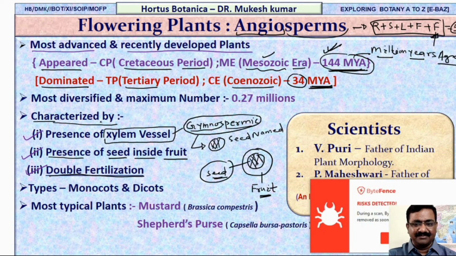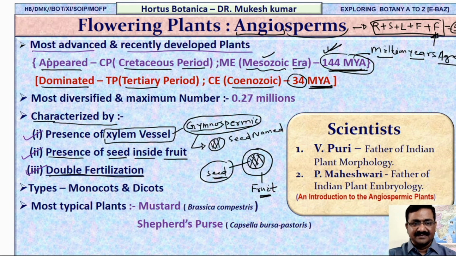It is the most diversified as well as having the maximum number. See, both are interconnected to each other. If there is the maximum number, then there will be maximum diversity. It's a very common point.